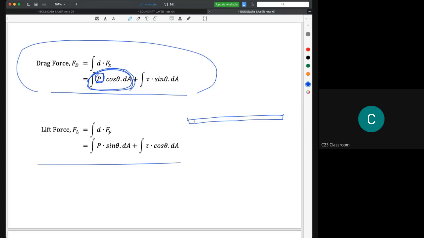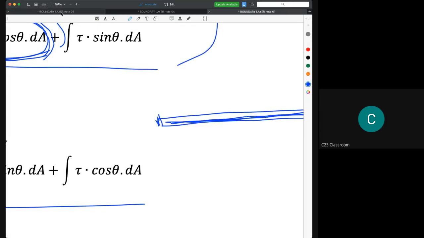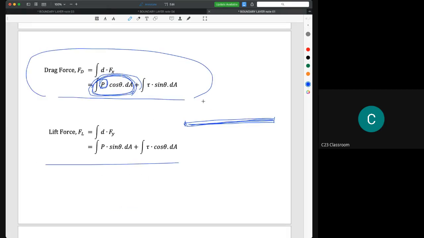When we use a flat plate like this one, we assume that the pressure is very small, so we could neglect the value of this one. Then we only focus on shear stress that occurs on this surface.